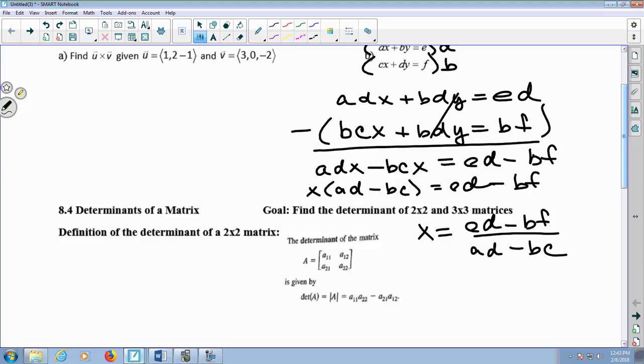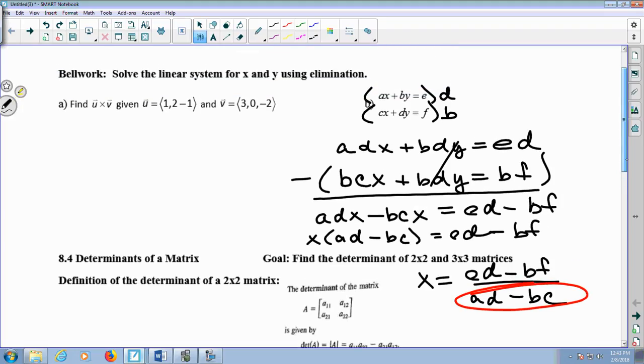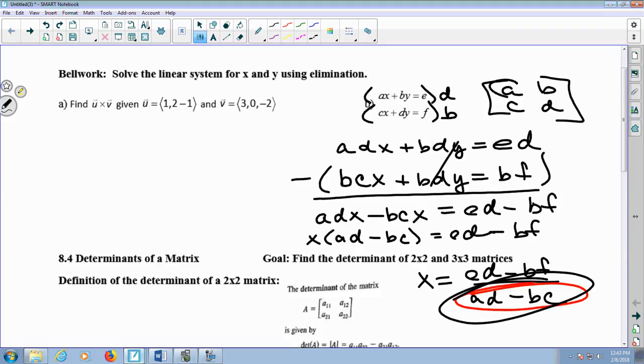Why did I do that? Because if you look at the denominator, ad minus bc, and go back up to our original equation, the coefficient matrix is a, b, c, d. If I do ad minus bc, ad multiplied by each other minus bc, that is the determinant, the exact same thing we did in the cross product.